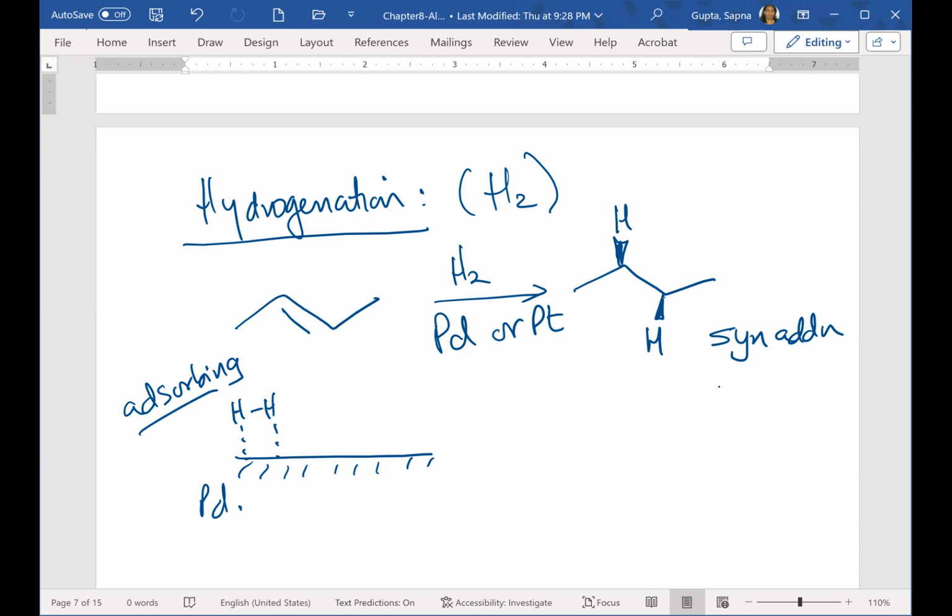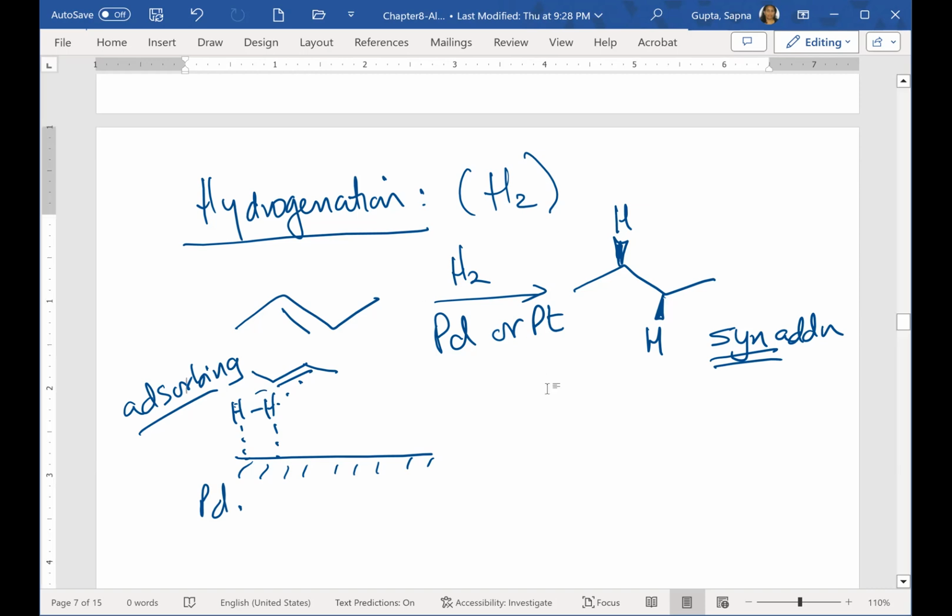So it will adsorb the hydrogen, which means it catches it. So once you have a heavy metal, a surface that actually holds on to the hydrogen, now the alkene can come and pick up the hydrogen and do the reaction. So that's really what the mechanism is like. And because it's picking up from the same side, you end up getting a syn addition. So this is hydrogenation, and that's all there is.